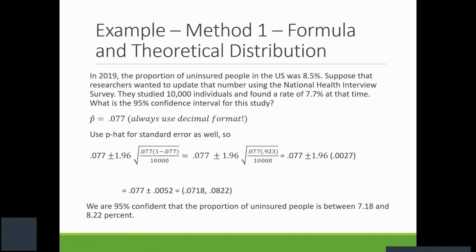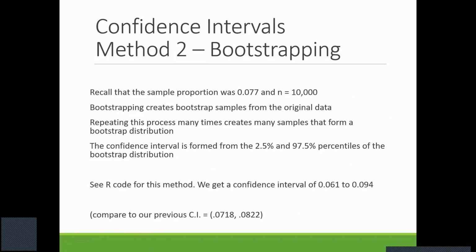All right, so that one worked out. What about bootstrapping? In your demo code for this chapter, you have code for doing the bootstrapping on this. What we're going to do is create bootstrap samples from the original data, and we're going to do it a lot of times, like another 10,000 times, to create many, many samples, and those will form a distribution.